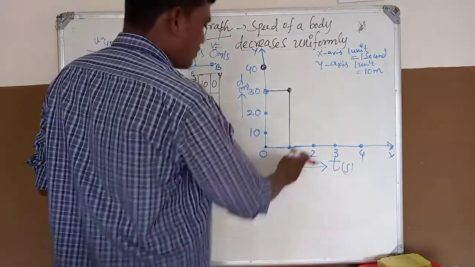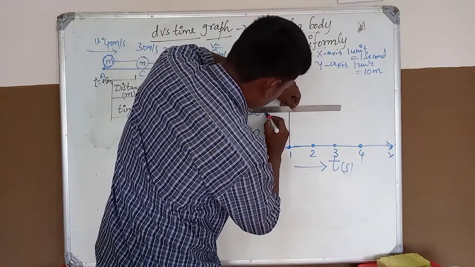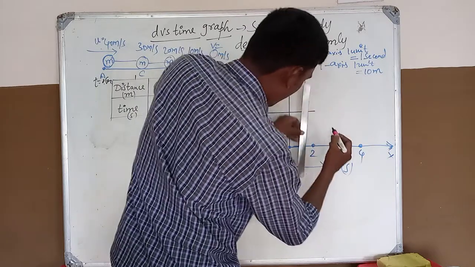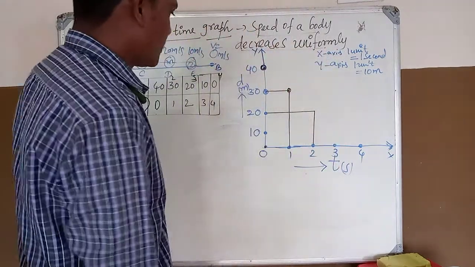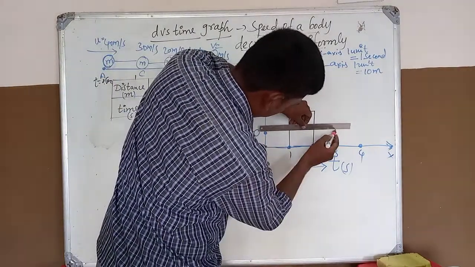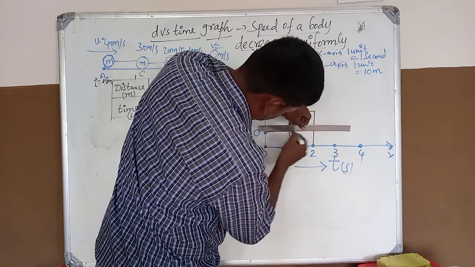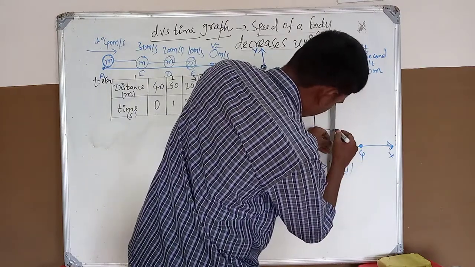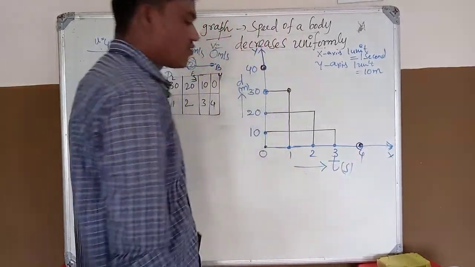Next, for 2, 20, we draw one horizontal line from the 20 and a vertical line onto the x-axis. So next, for 3 it is 10. For 4, finally what will happen? 0.